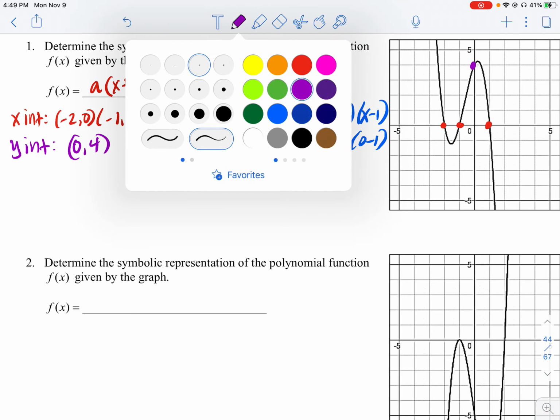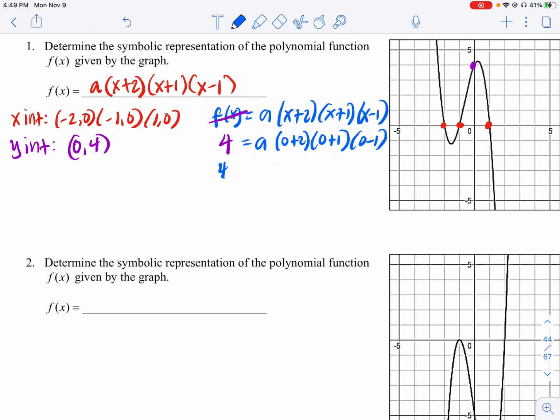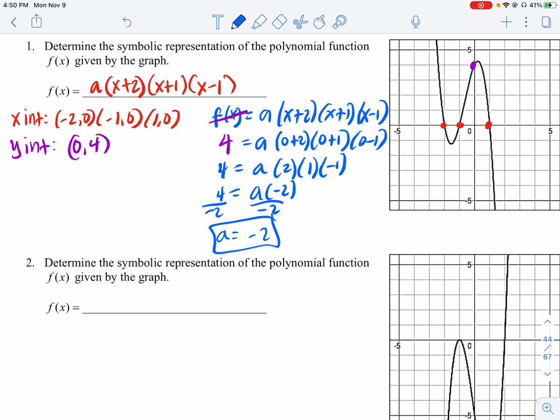Then I will just solve it from there. 4 equals a times 2 times 1 times negative 1. That is negative 2, right? So I'll divide by negative 2 on both sides, and I will end up with a equal to negative 2.